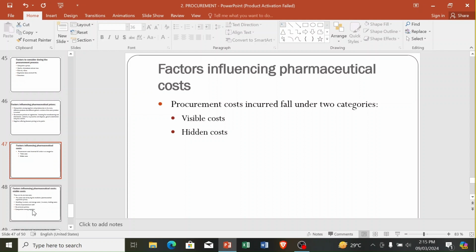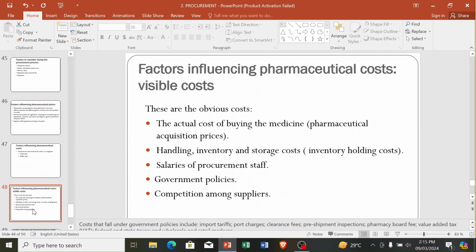So let's see the different examples of the obvious costs or the visible costs. The actual cost of buying the medicine is visible. Like, you know, this medicine costs this. It is an obvious cost. It doesn't take you by surprise. Handling inventory and storage costs, you know, you have to clean.